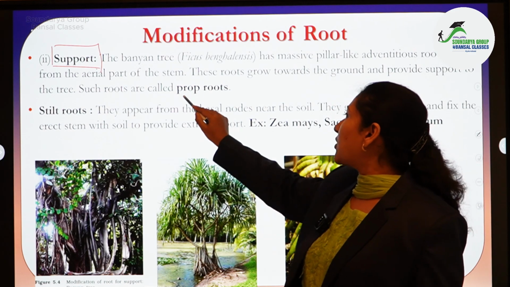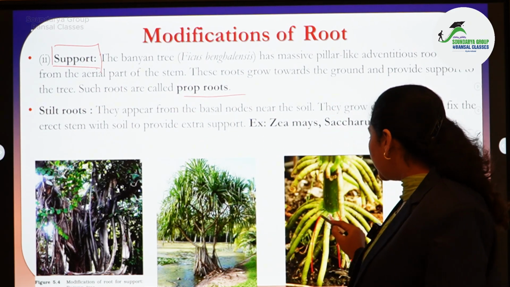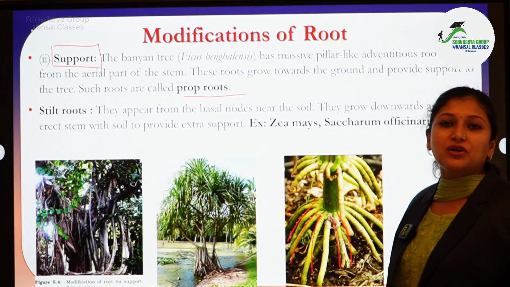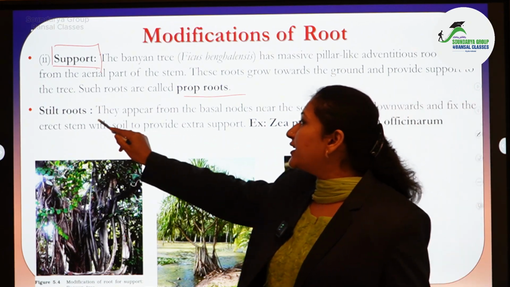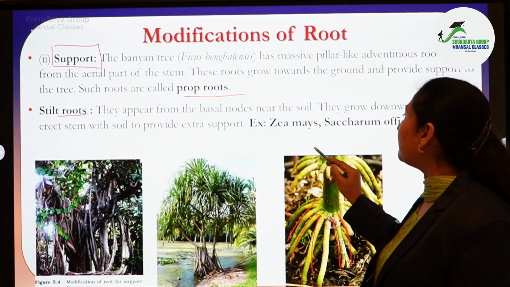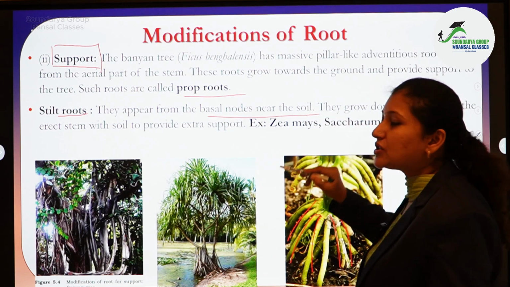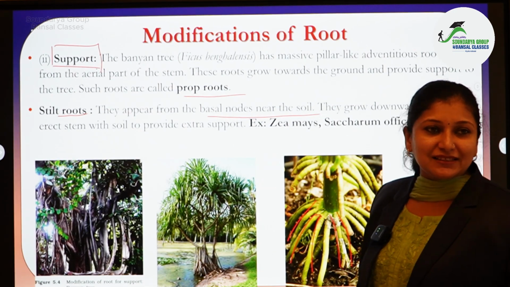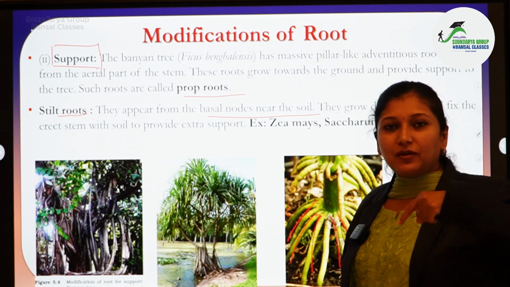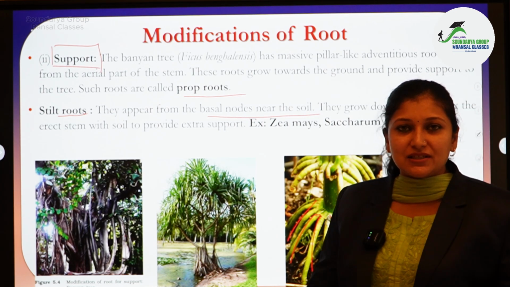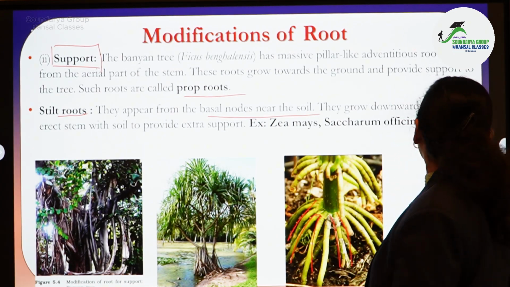Banyan tree has prop roots, and stilt roots are present in sugarcane and maize. They develop from the basal nodes near the soil. So that means not exactly at the base of the stem, but from just above the base, whatever node is there, from that it starts developing.